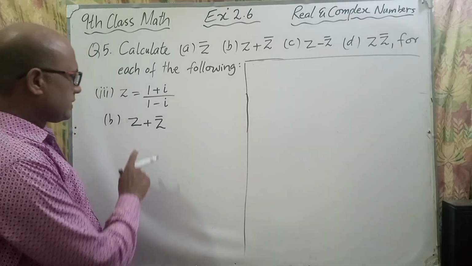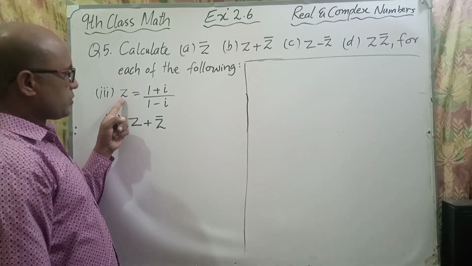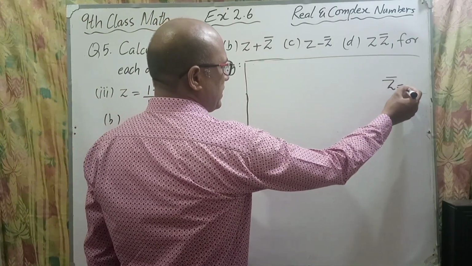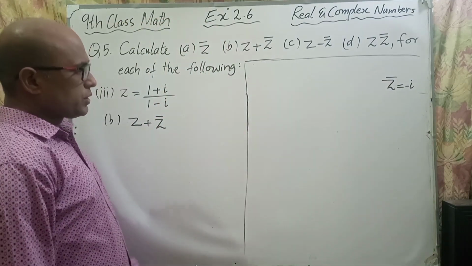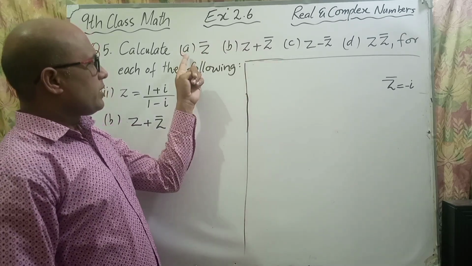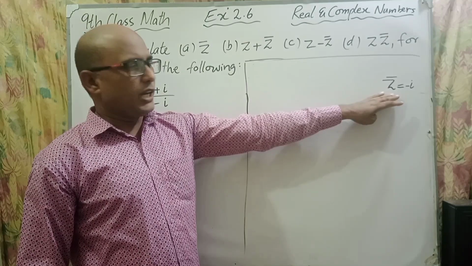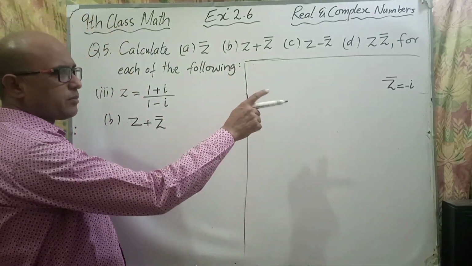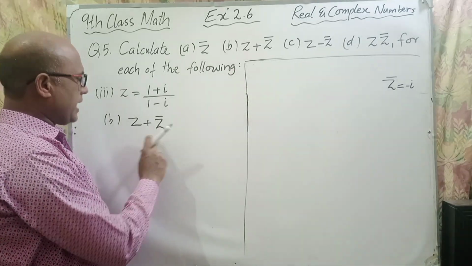This is B part, and we have the values. We got the value of Z bar is equal to minus iota. So in A part, we have found the value of Z bar, which is minus iota. So that minus iota will be used in B part.